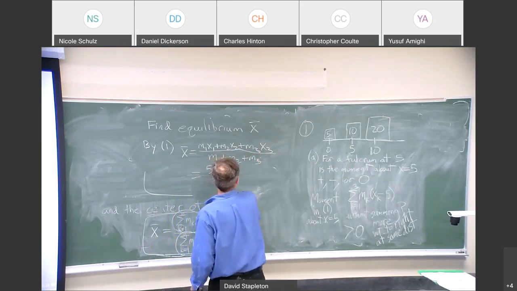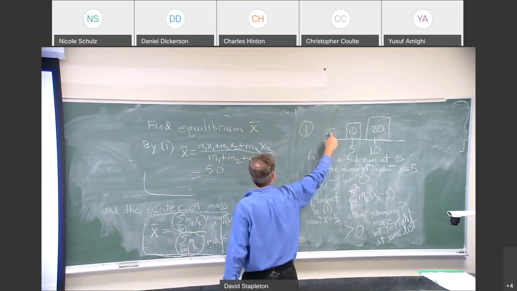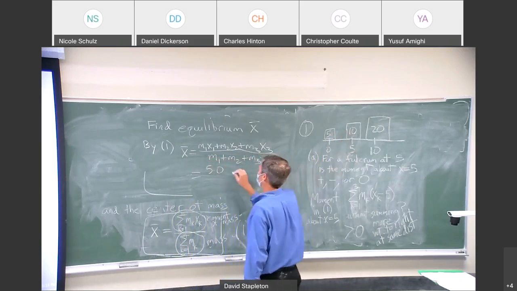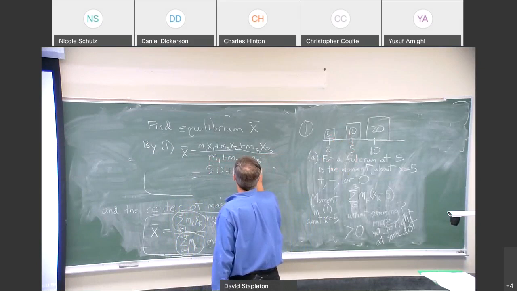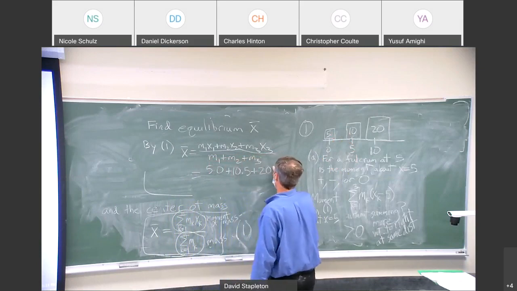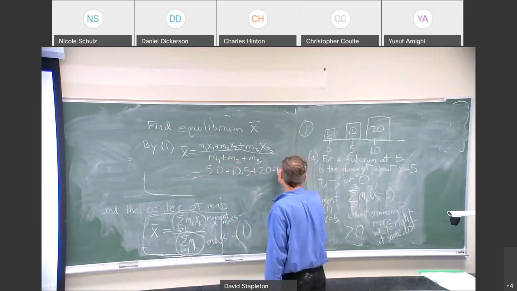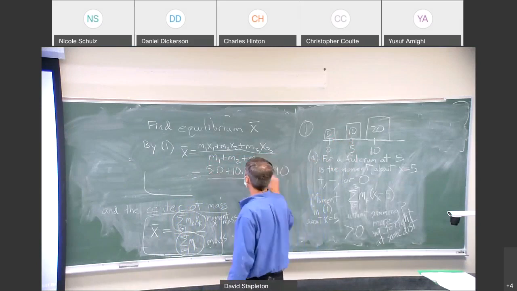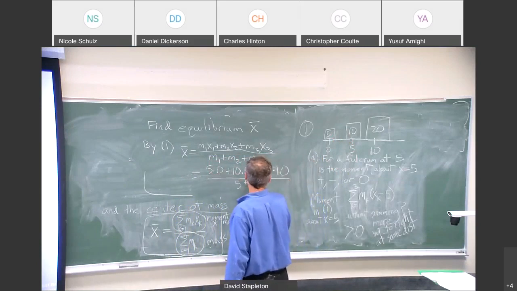So we've got 5 times 0, right? Weight times position plus weight times position, 10 times 5 plus weight times position, 20 times 10. There's the moment of mass about 0, over the sum of the masses, 5 plus 10 plus 20.